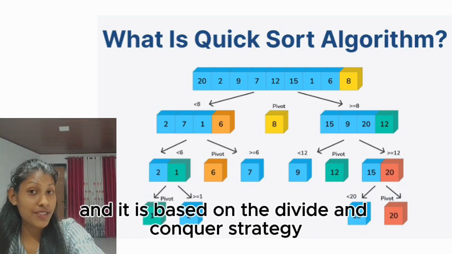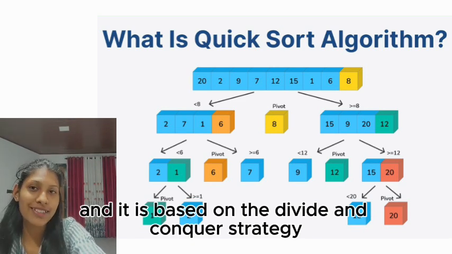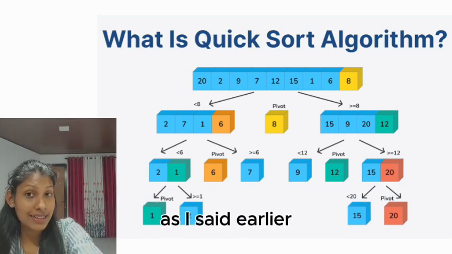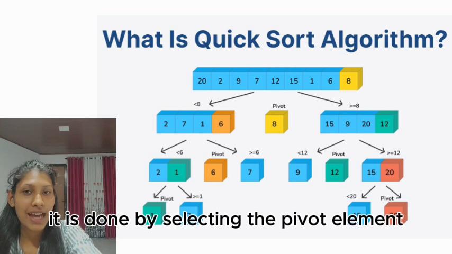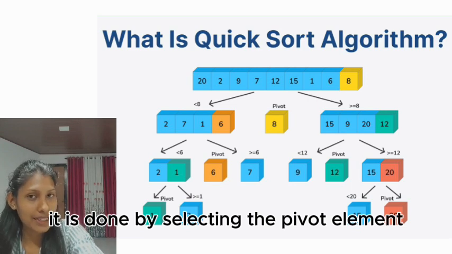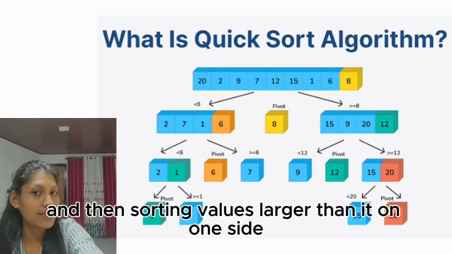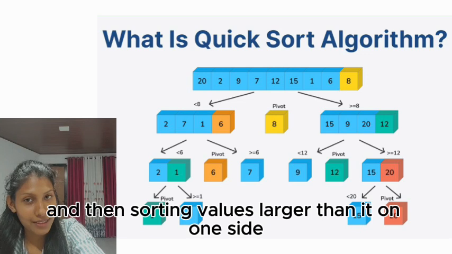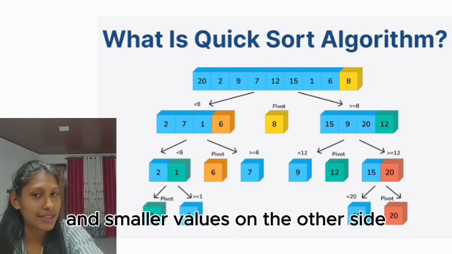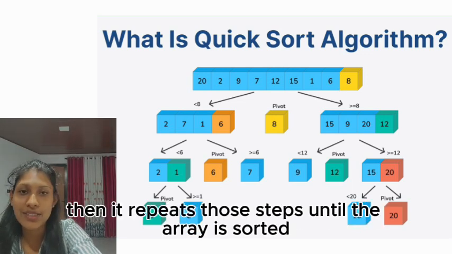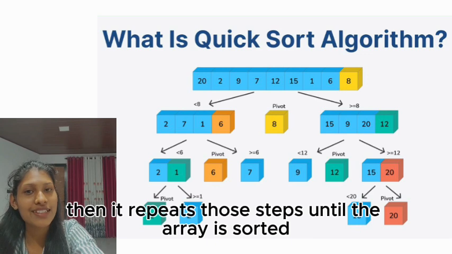And it is based on the divide and conquer strategy. As I said earlier, it is done by selecting the pivot element and then sorting values larger than it on one side and smaller values on the other side. Then it repeats those steps until the array is sorted.